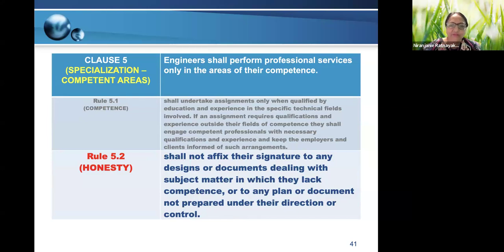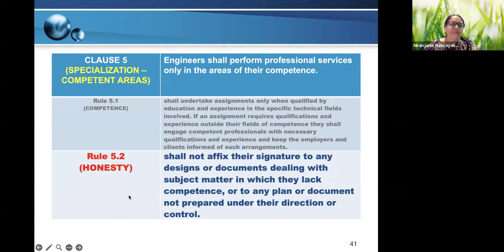Your signature has a value. If you're a chartered engineer, you will get a seal, and there's a value for that. But even otherwise, when you sign something, make sure that you take the responsibility of whatever you're signing for, right? That amounts to honesty, actually.